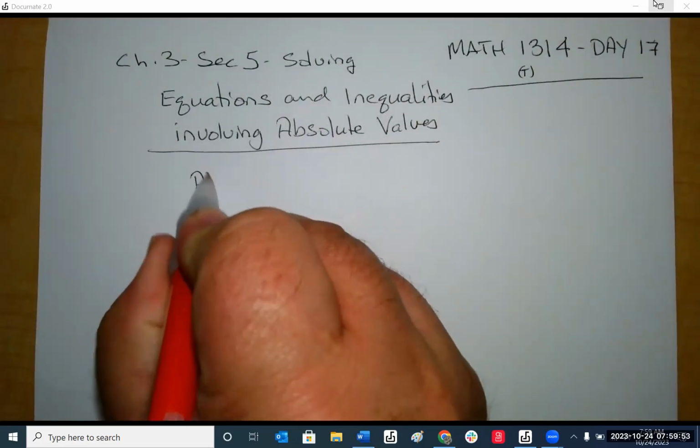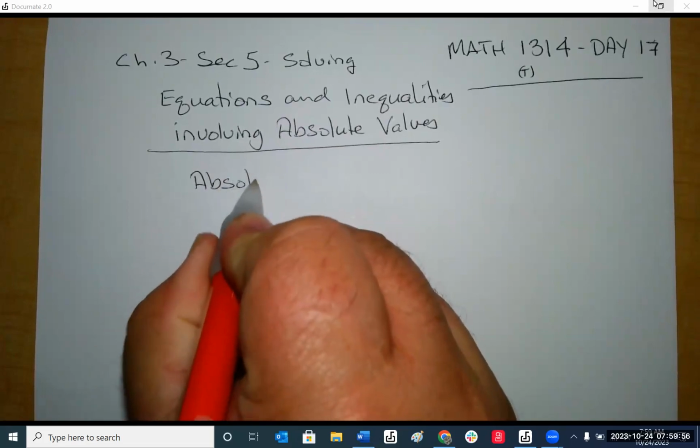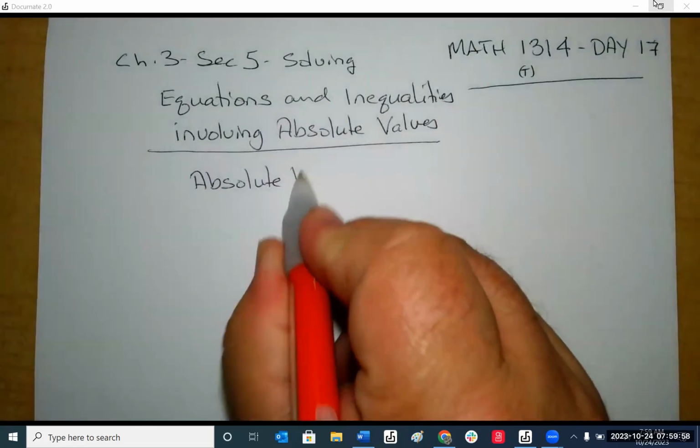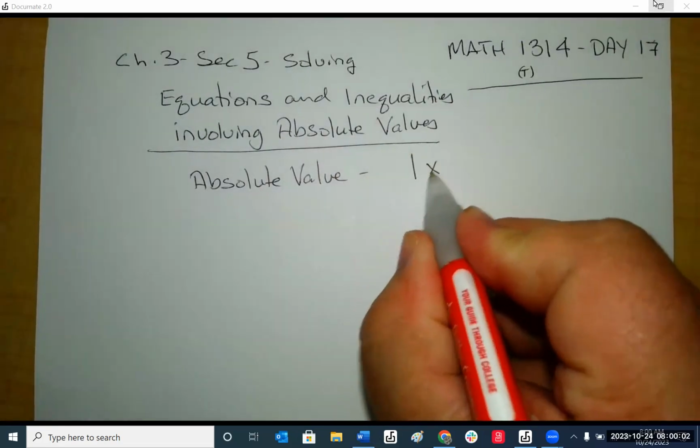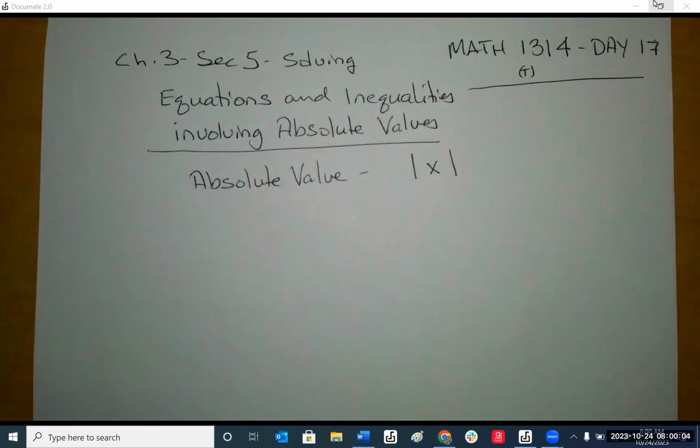First, what is an absolute value? It looks like this. But what does it do? What does it find for us? Very good. How'd you know that?